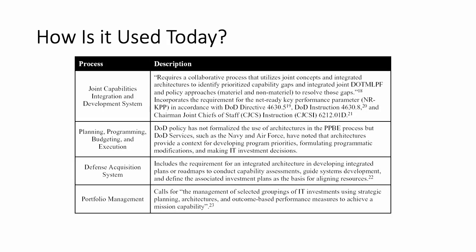And we already mentioned a little bit of this, but how is it used today? Architecture, that is, certainly in the JCIDS process. We talked about that. Planning, programming, budgeting, and execution, making our budgets, being able to plan out in the future, to pound for money for multiple years for some of these big systems. Having a thoroughly fleshed out architecture is critical to being able to do that.